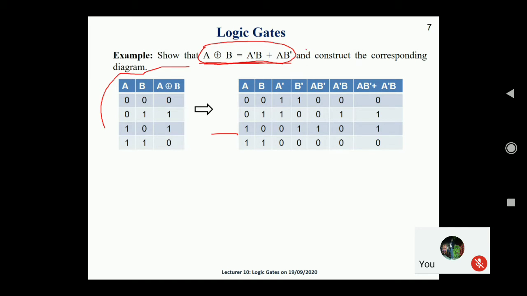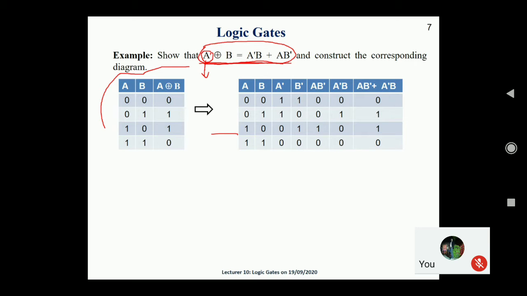But remember one thing: when we write an expression, that means this is a Boolean expression. We use particular keywords to describe it. A single A is called a Boolean variable, or sometimes a switching variable.